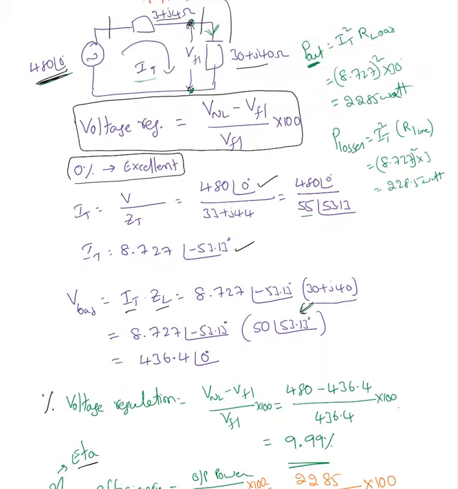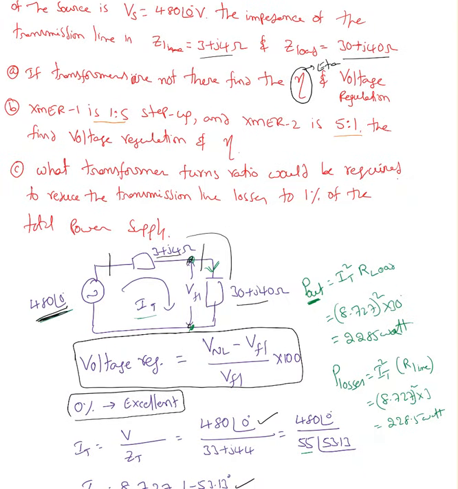So output power is the power consumed in the load. I already know the current here, which is 8.727 ampere. The power is always consumed in the resistor. Whenever I say power, I'm talking about active power, P. That power is consumed in the resistor, which is I squared times R load, 8.727 squared times 30, 2285 watts.